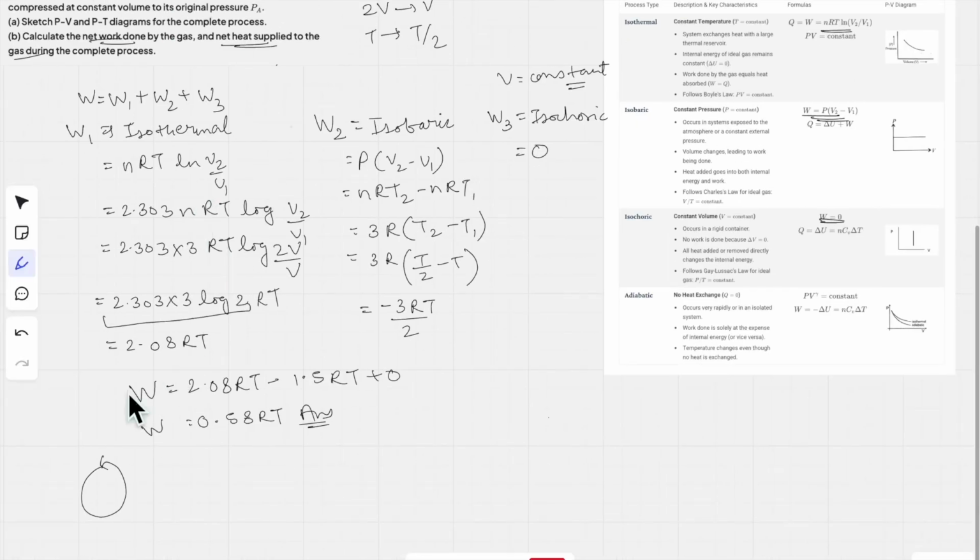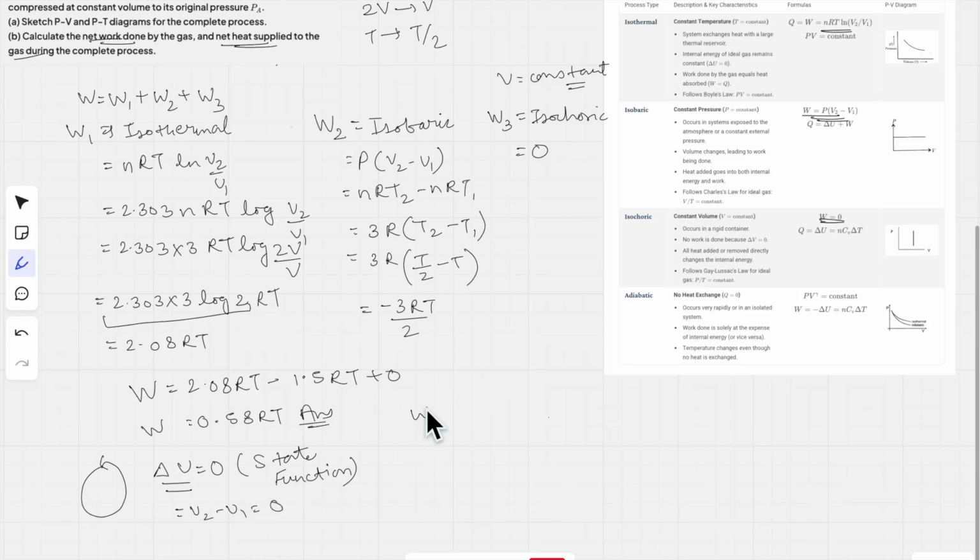So in a cyclic process, I can say delta U would be 0. Why? Because U is a state function, and for a state function, the property depends on that state only. Since we are coming back to the previous state, the net change in U would be 0, because U2 minus U1, and U1 is equal to U2, which is 0.